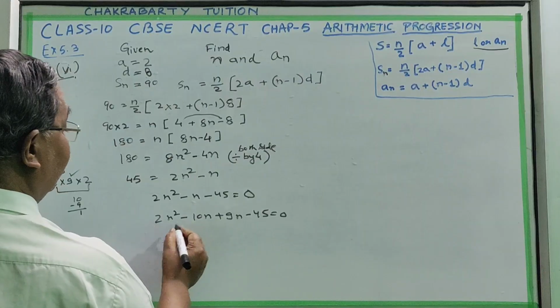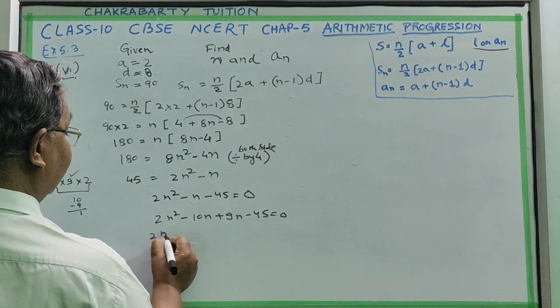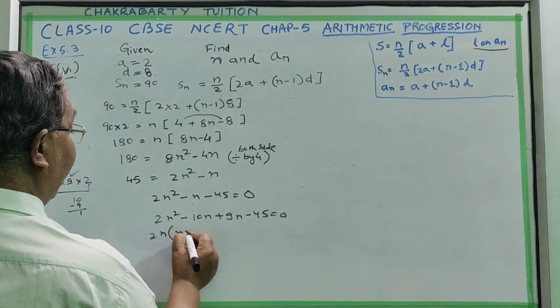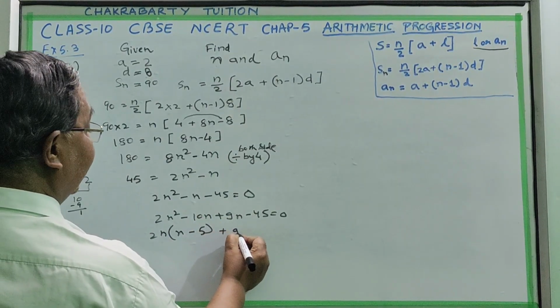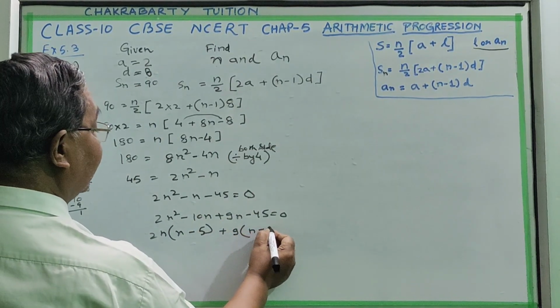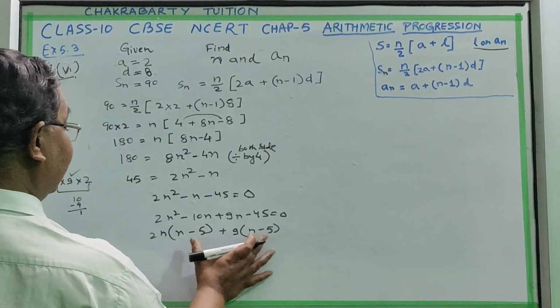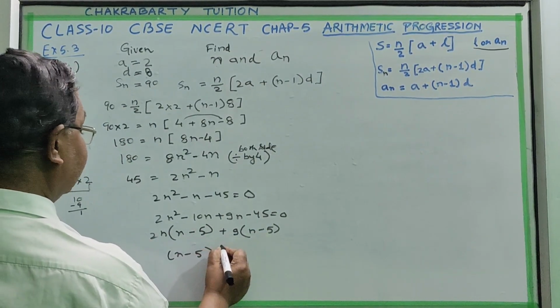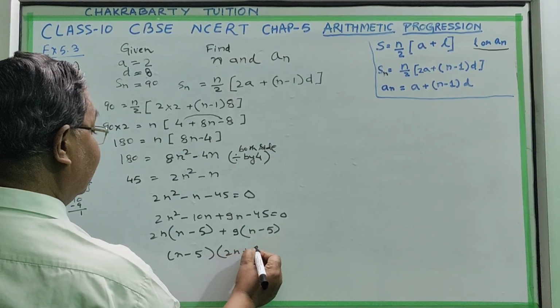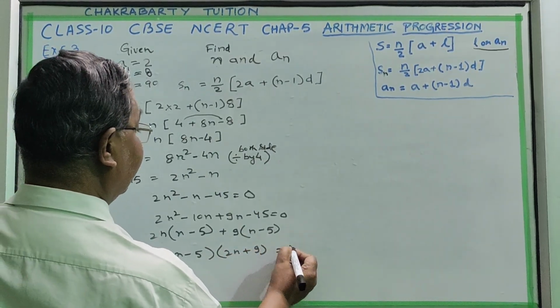Now we take common out: 2 and we take common out, so n minus 5 will remain. Here n plus 9, if you take this out, n minus 5 will remain. So n minus 5 is common, and 2n plus 9 equal to 0 will remain.